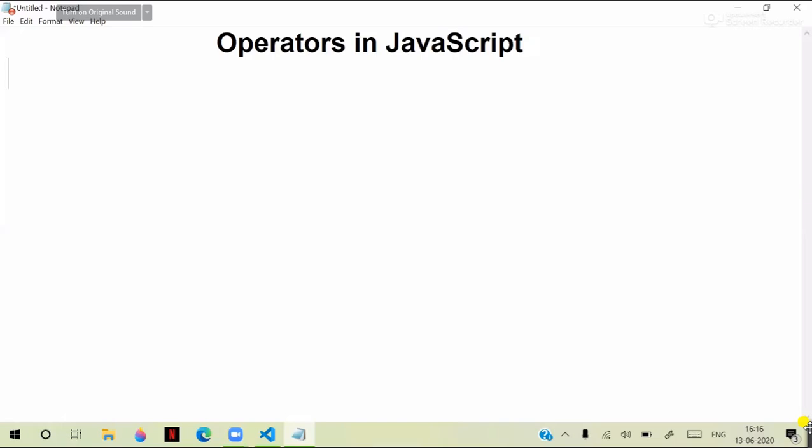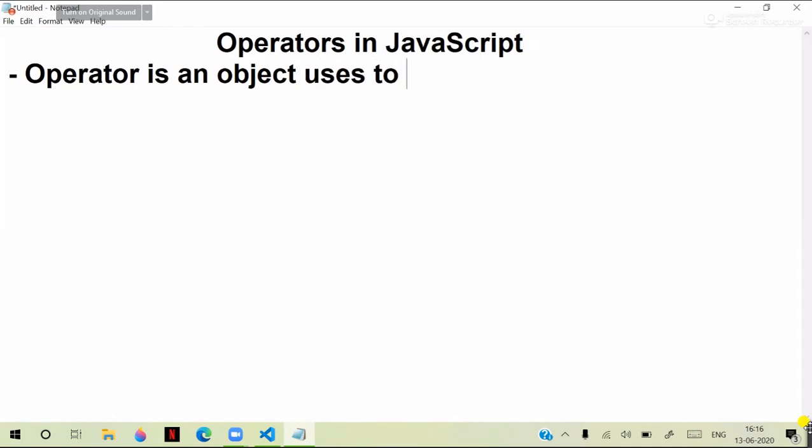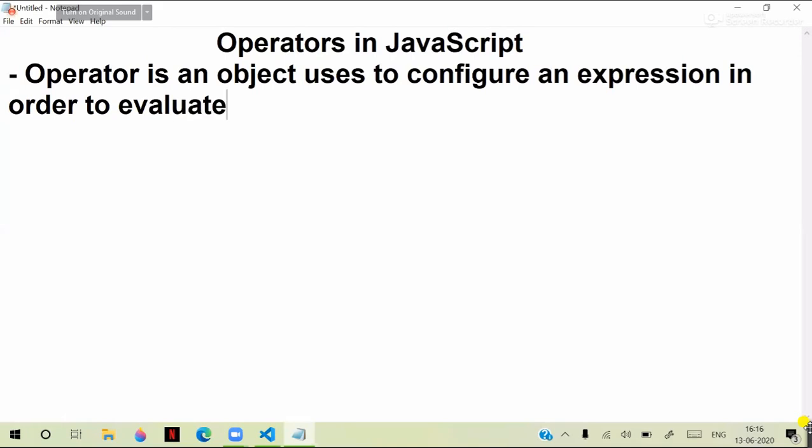So technically, an operator is an object used to configure an expression in order to evaluate a value. So an operator is an object used to configure an expression in order to evaluate a value.